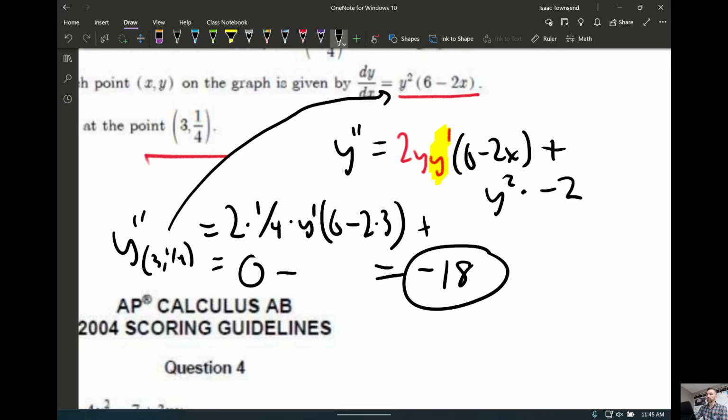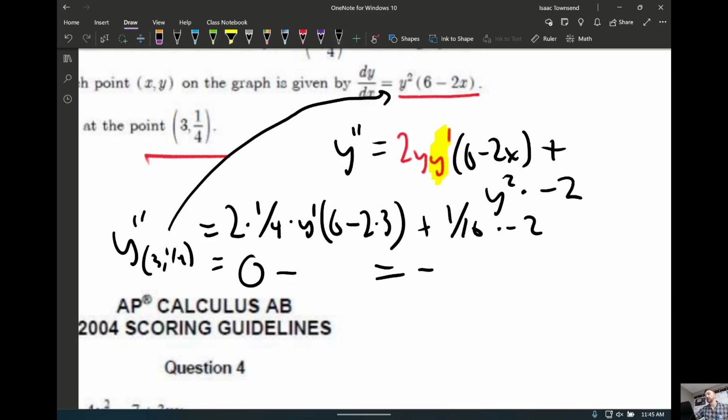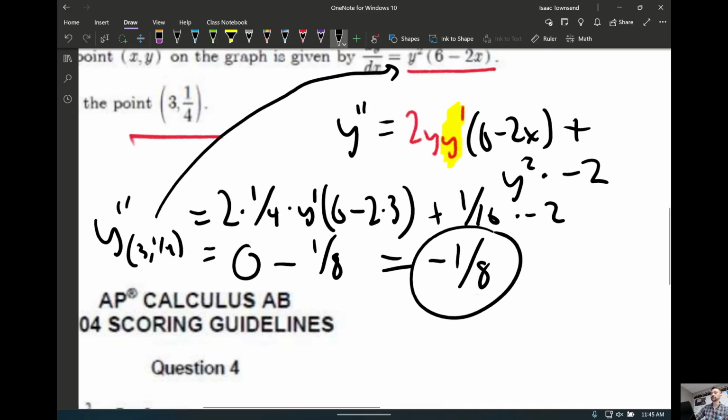This was supposed to be y squared times negative 2. And 1/4 squared would be 1/16. 1/4 times 1/4. And then 2 reduces with 16 and negative 1/8. Does that look better? Sorry, I don't have the answers in front of me, so I couldn't normally catch up.